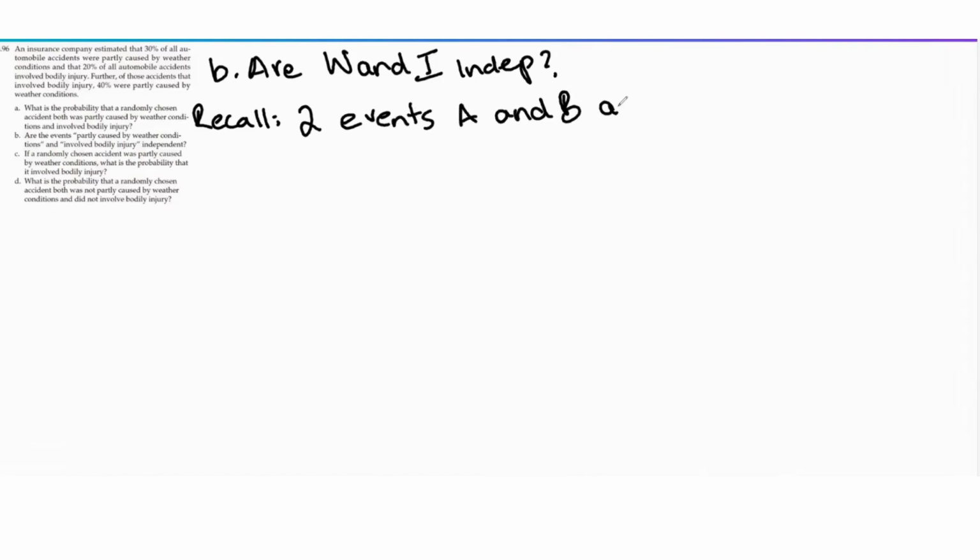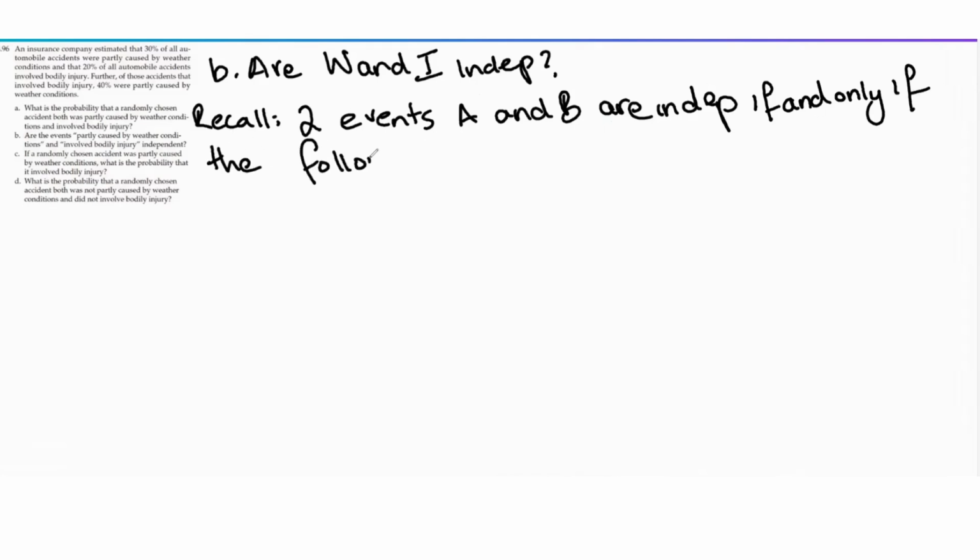First let's look at in general what we mean by independence, then we can apply it to the case. Two events A and B are independent if and only if the following equivalent conditions hold. Keep in mind the word equivalent.